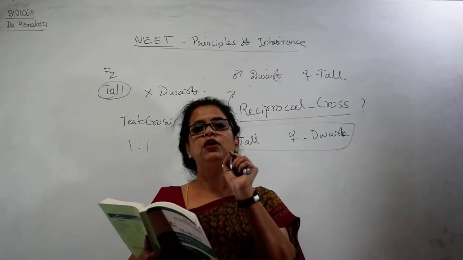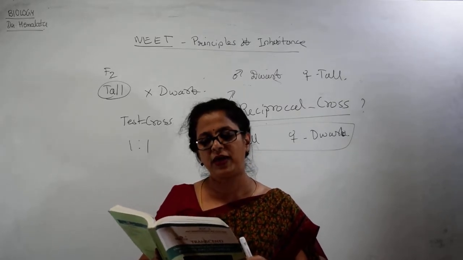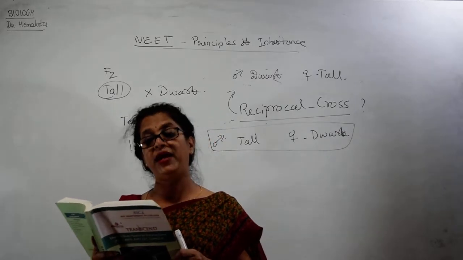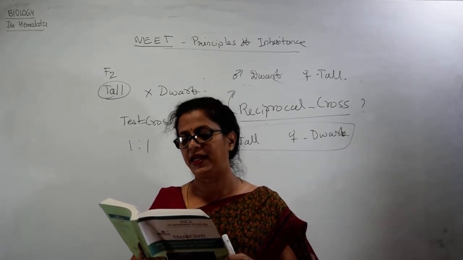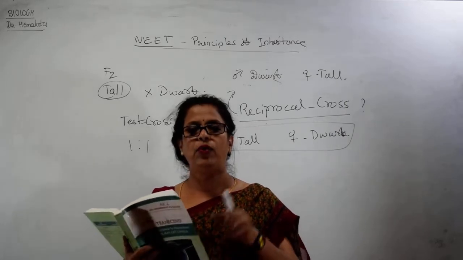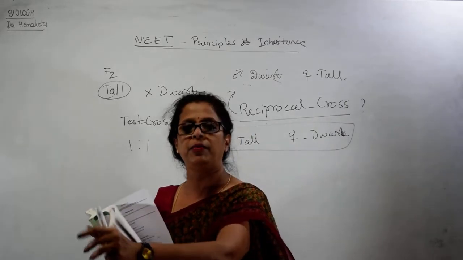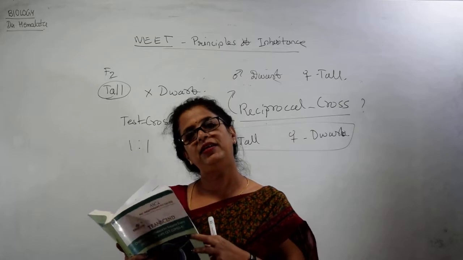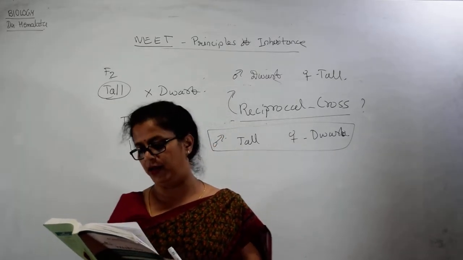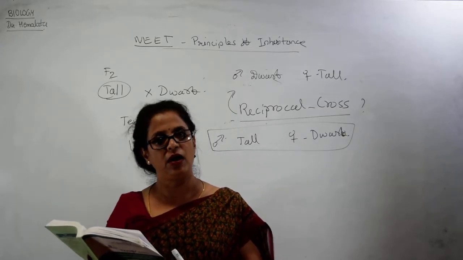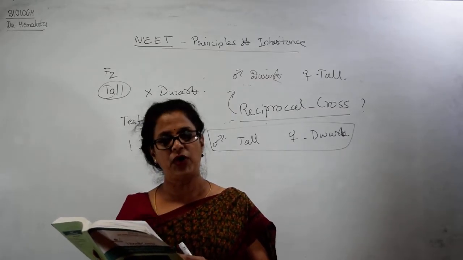That is the first clue you will get. Two pairs of traits are combined in a hybrid. Then when they produce gametes, segregation of one pair of alleles is independent of the other pair of alleles. This means that alleles are undergoing independent assortment. It is the second law of Mendel. That's the law of independent assortment. Okay, I hope you understood.